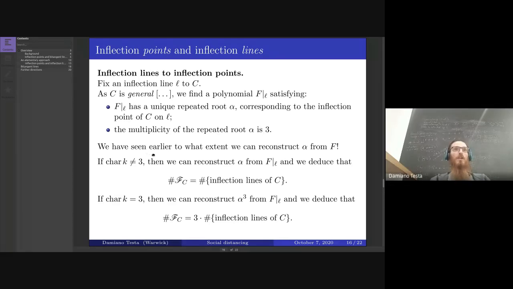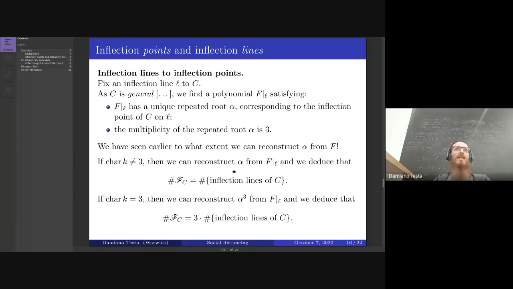And we've seen earlier, what can we say about reconstructing the root of our polynomial from the data that we have? If the characteristic is not 3, then we had that rational function of the coefficients of f that allowed us to write alpha as an element of the function field of the coordinates.